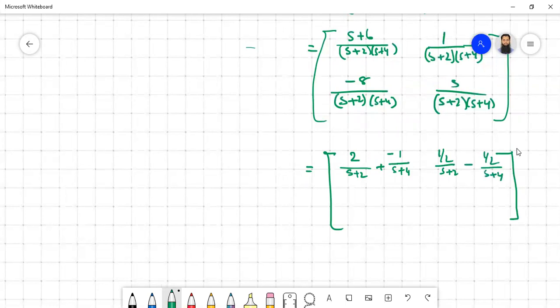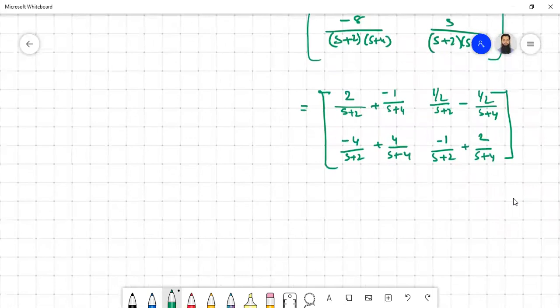And then we have minus 4 over s plus 2 plus 4 over s plus 4, then minus 1 over s plus 2 plus 2 over s plus 4. So this is the inverse matrix that we have, that is (sI minus A) inverse.